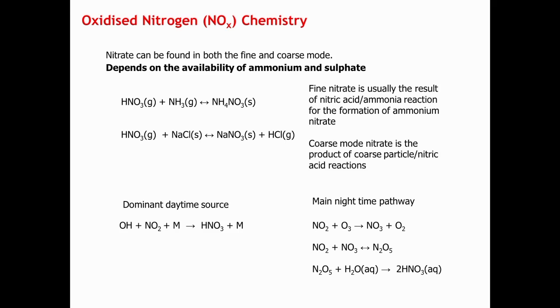What happens if it's warmer? So if the temperature goes up on the right, on this pathway at night, there's two things. This reaction here has a backwards unimolecular decomposition.